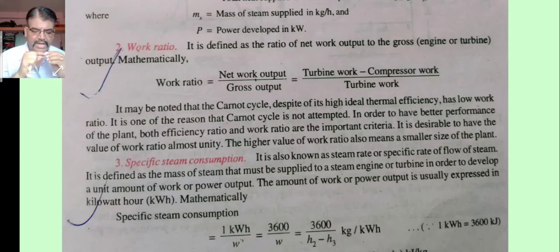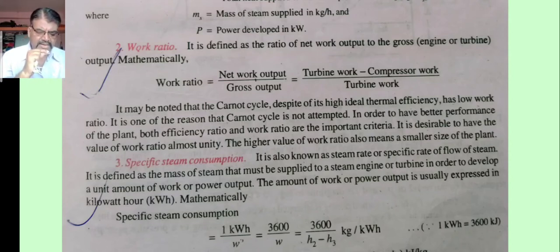So that is given by 1 kWh divided by small w, that is 3600 divided by small w. It means 3600 divided by the w, that is in between 0.2 to 3. There is the working element, that is turbine.